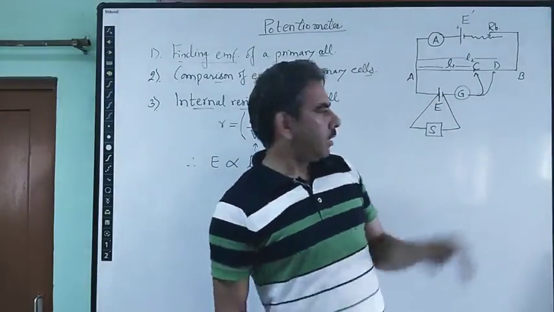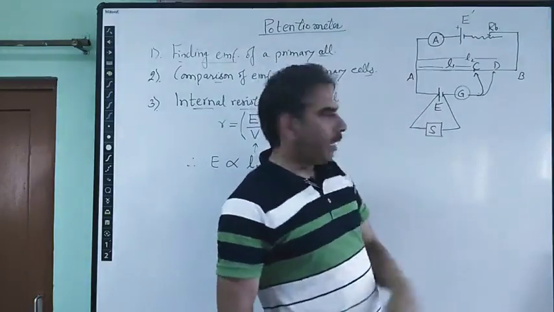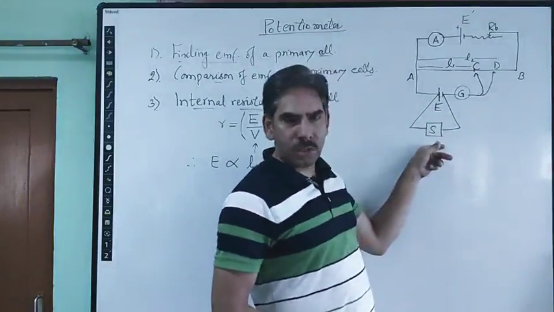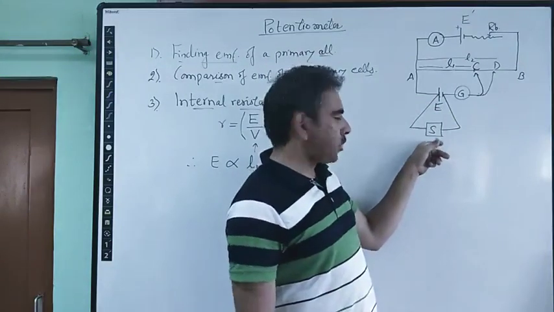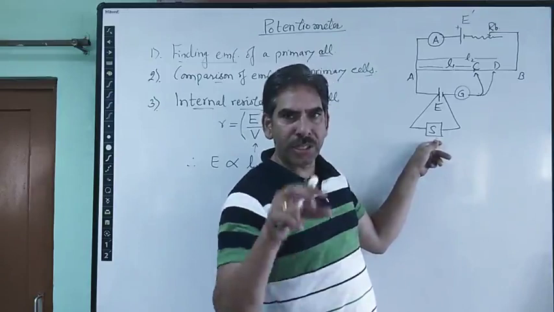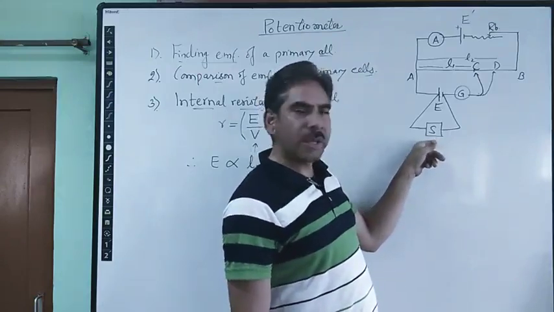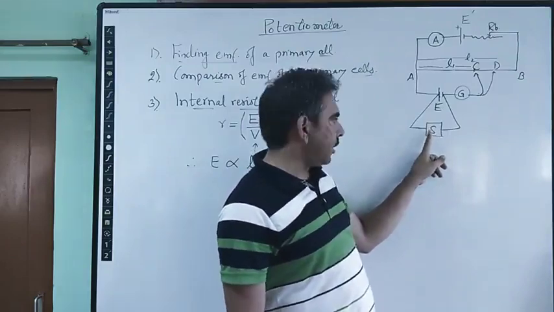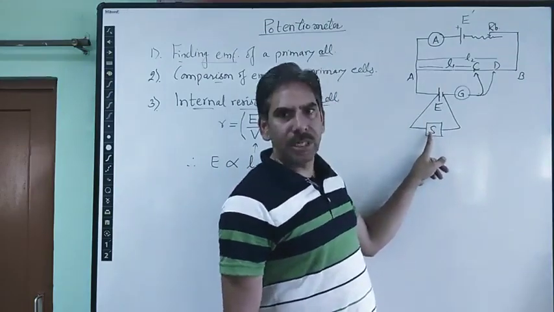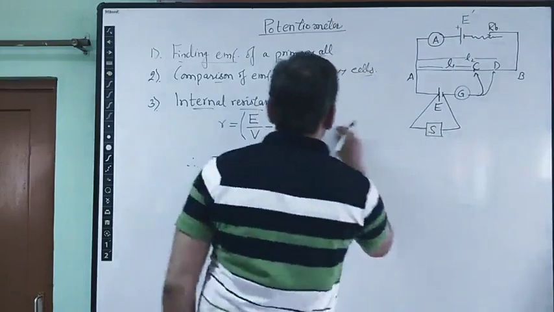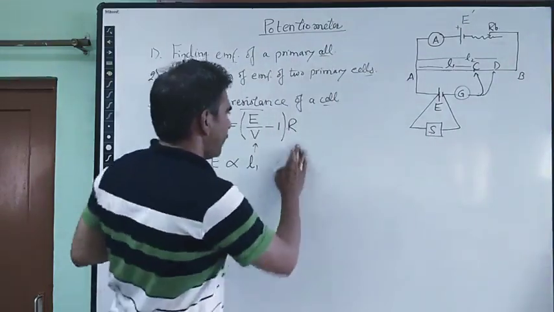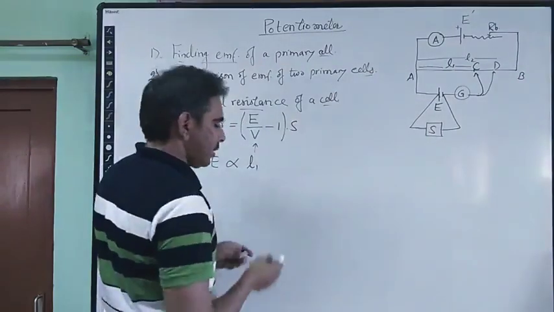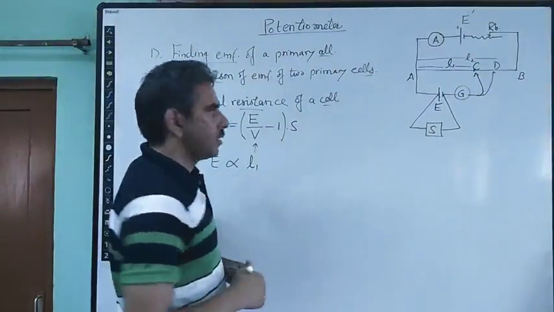We have connected some resistance S across this cell, and we are taking out some resistance from this resistance box, which has specific resistances. For simplicity of understanding, we take the symbol S for the resistance, because it is connected in parallel to the cell in this particular case. It is called the shunt resistance.